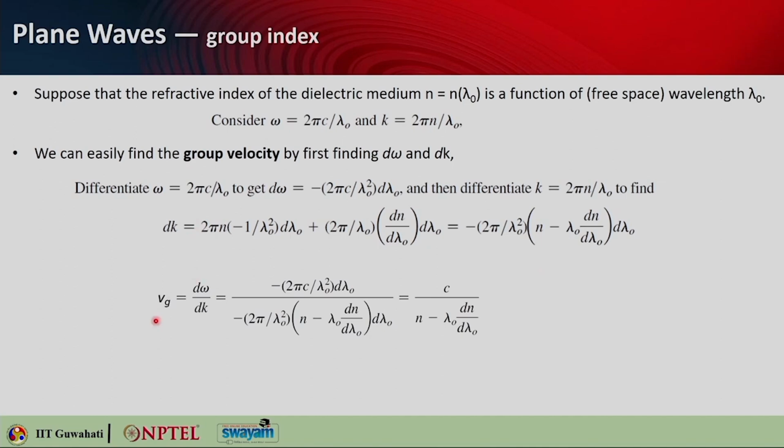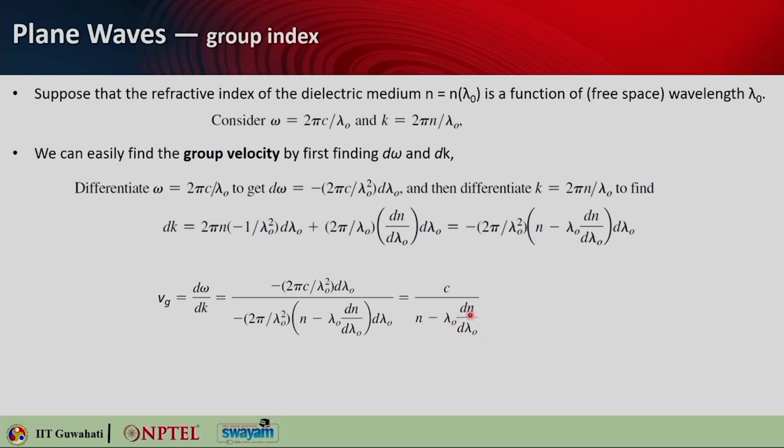And finally you can write Vg equals dou omega by dou k. So dou omega you can bring this term, and dou k you can bring this term, and then when you make the common terms cancel out each other, you will be left with c over n minus lambda naught dou n over dou lambda naught, that is lambda naught, the free space wavelength, times the derivative, the way the refractive index is changing with lambda naught.